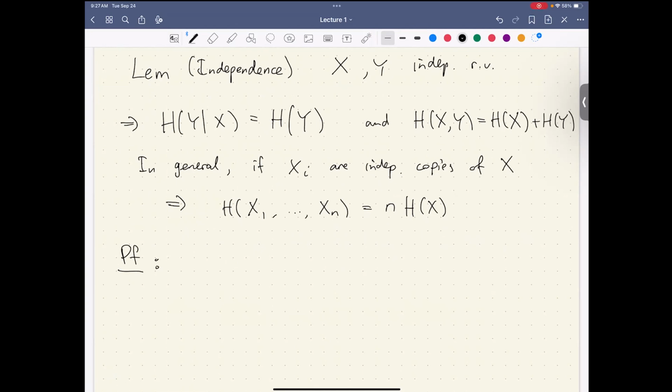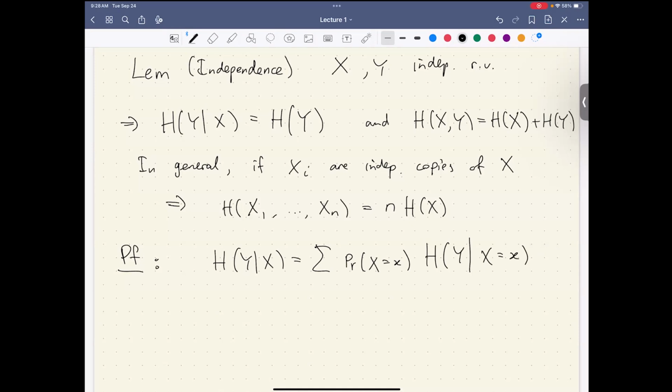For the first one, we do have to use the definition of the conditional entropy. Let's recall, the conditional entropy definition is the sum of the probability that X equals a, and the entropy of Y given that X equals a.